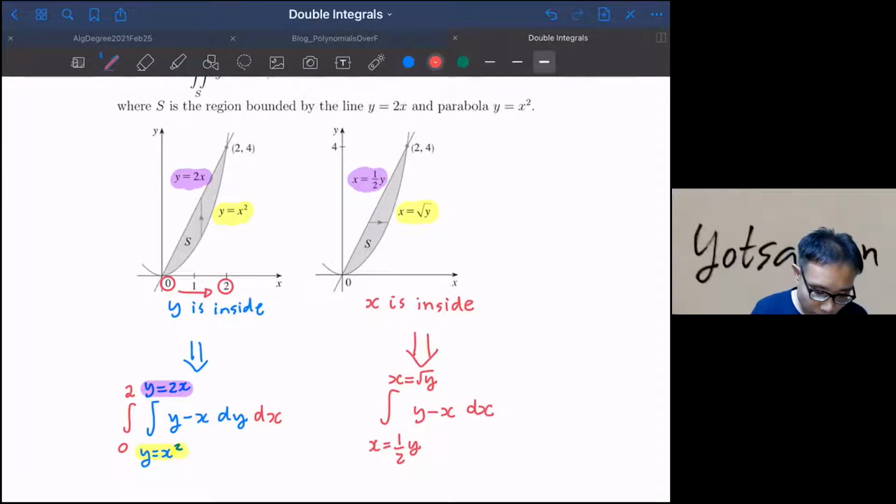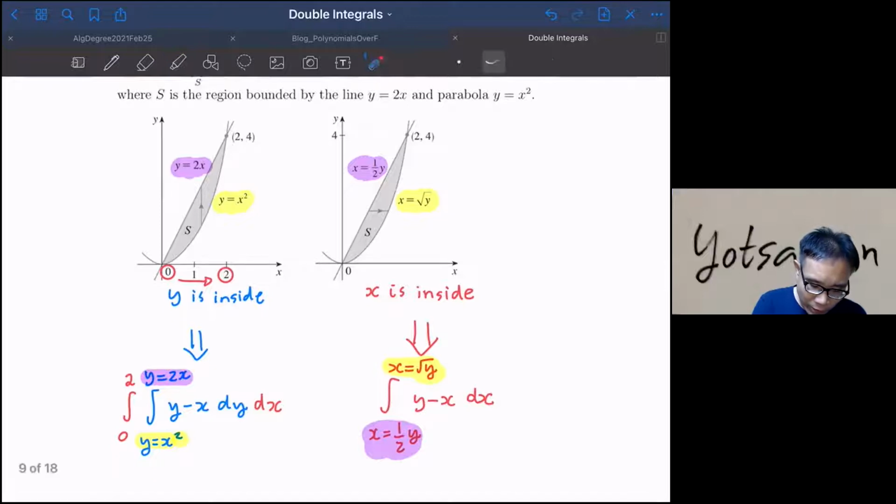Okay, so this is the yellow one and the purple one. So that is going to be left to right, in the left to right direction, as I indicate by small arrow in the picture.